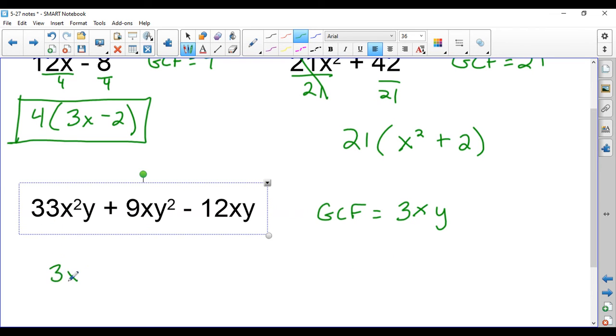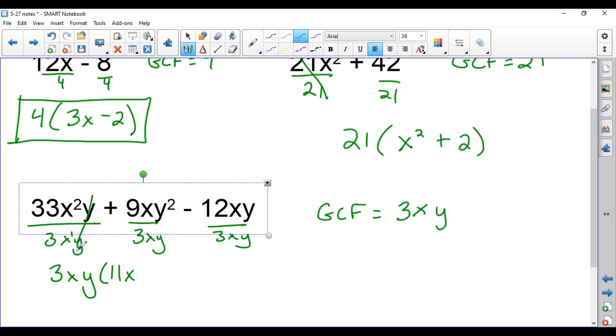The GCF goes in front of the parentheses, and I divide each term by the GCF. 33 divided by 3 is 11. When I divide x squared by x to the first, I get x to the 2 minus 1, which is x to the first. You subtract the exponents.